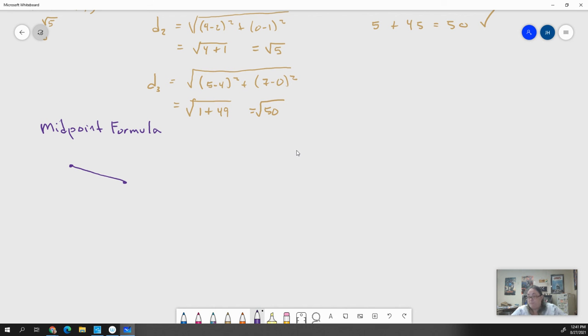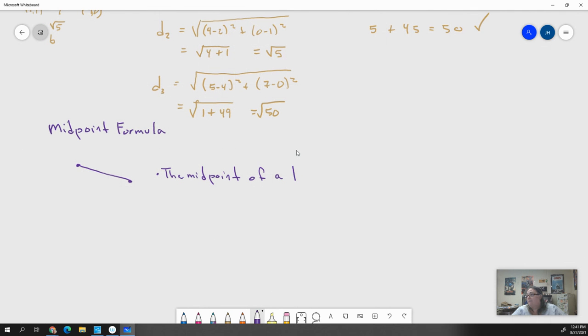So the midpoint of a line segment that connects 2 points can be represented by the formula.